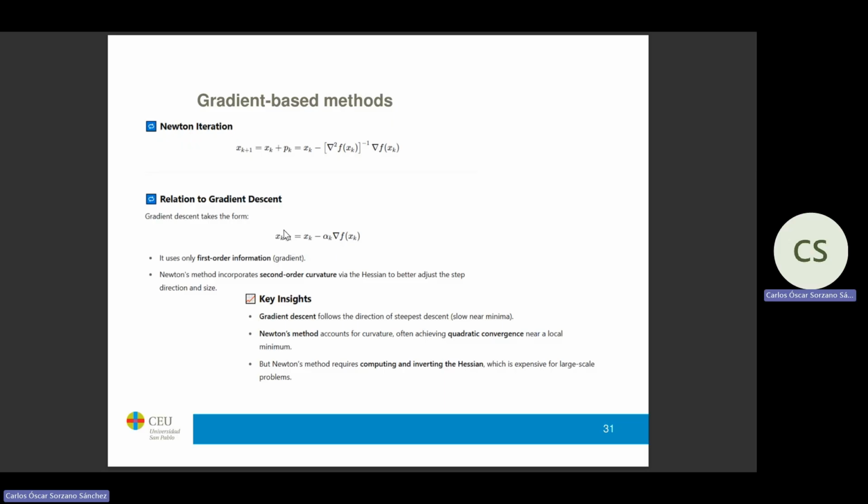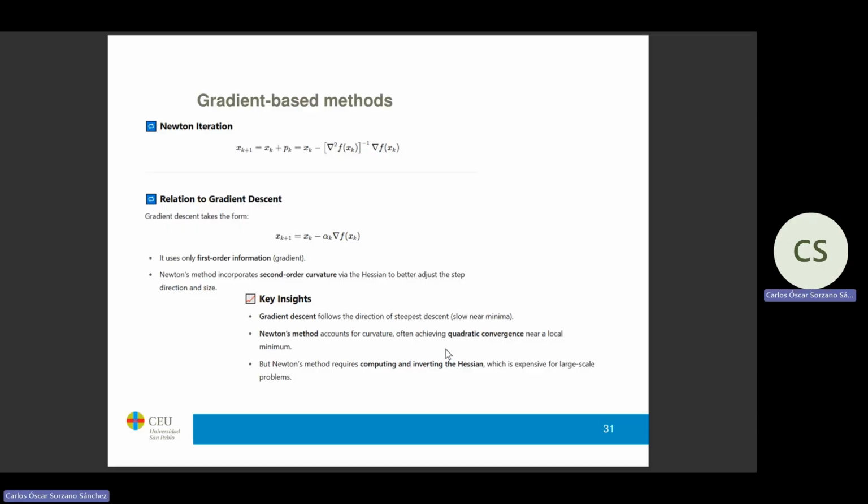So you are including those curvature measures into how much you should move. Newton's method accounts for the curvature, so it gives quadratic convergence: linear convergence for gradient descent and quadratic convergence for Newton's method. That means you will go twice as fast, if you want.